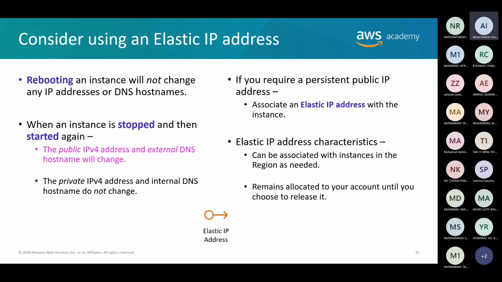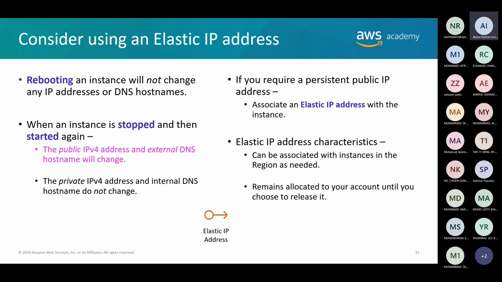So when a public IP address is disassociated from your instance, it is released back into the public IPv4 address pool, and you will not be able to specify that you want to reuse it.